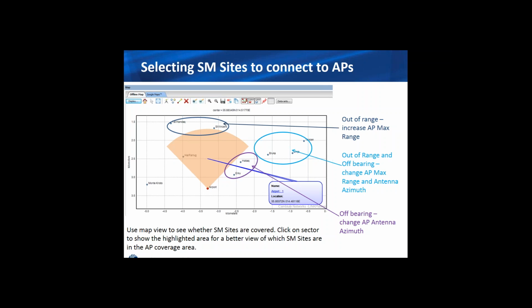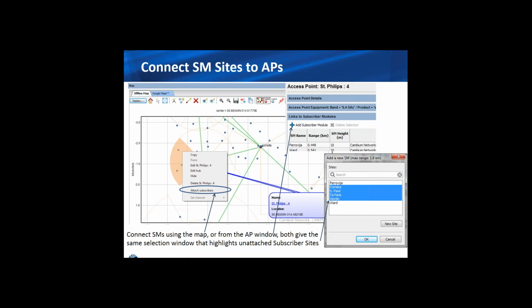So once you're sure that you've got subscribers covered by your access point, then we can move on to attaching them to the AP. And again, we have a number of different ways of doing this from the access point page. In the top right, you can select the plus button to add subscribers. You can also right-click on the access point on the map and select the attach subscribers option.